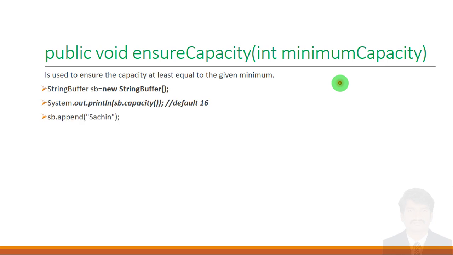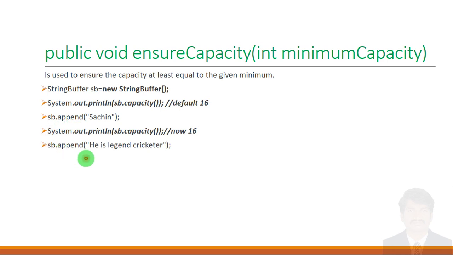I am going to add 6 characters. Do we need to increase the capacity? Are you expecting your string buffer to increase the capacity? No. Why? Because the length of the string which we are going to append here is 6 characters, but the capacity is 16. It will not grow. It will print again 16. Now I am going to append some big string which is greater than 16.